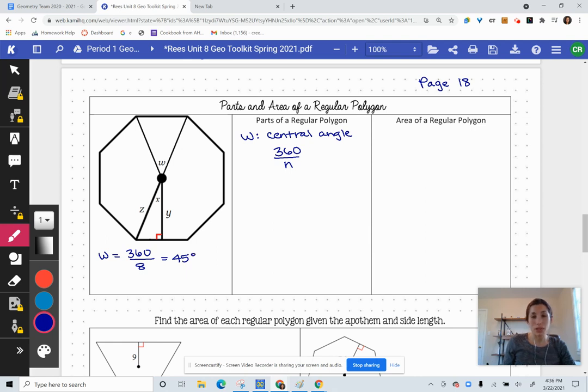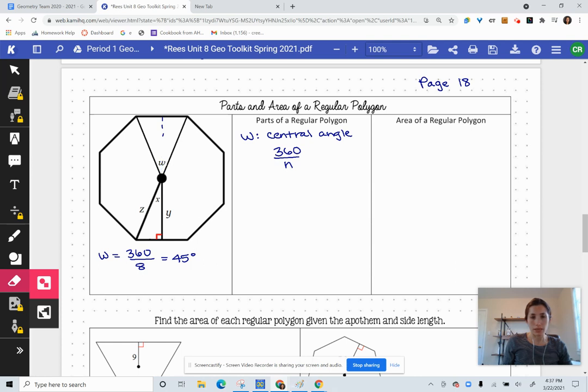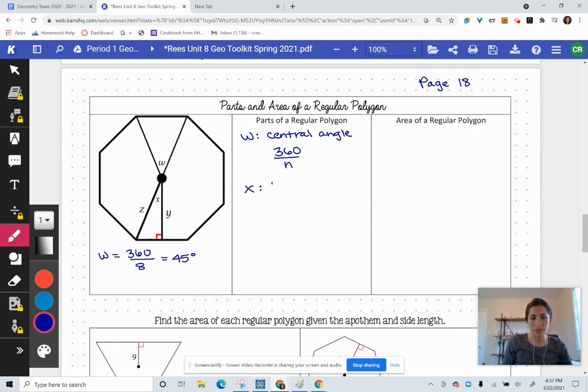Okay. Now if we look at X, I'm basically taking W, and X would be basically half of that. So we can say that X, we call it a half central angle. In this diagram, X is a half central angle.